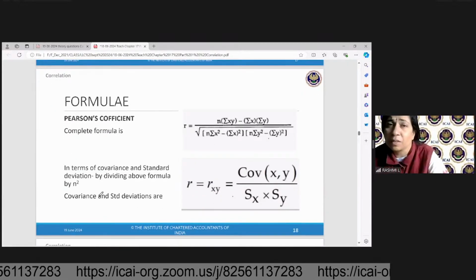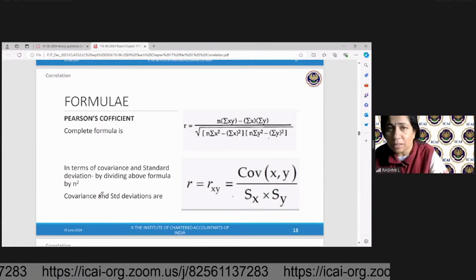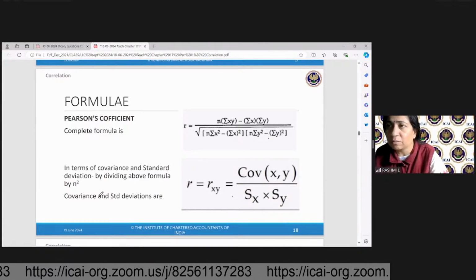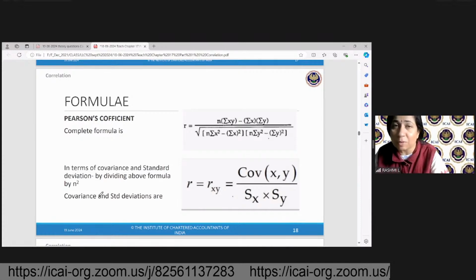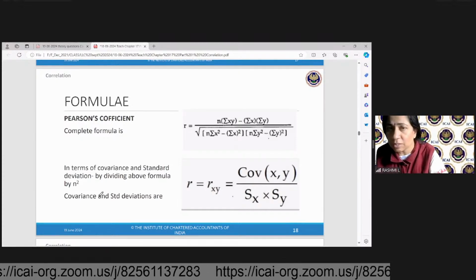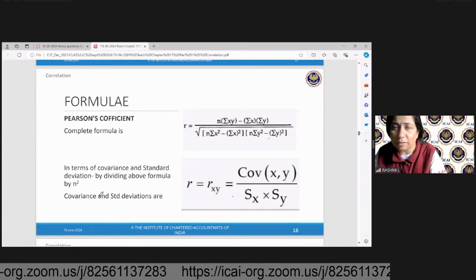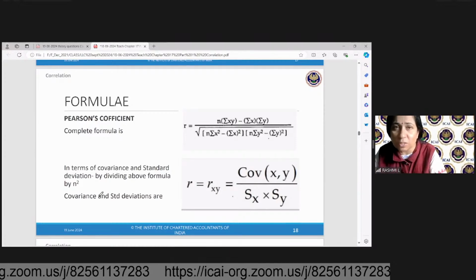Now see, there are many ways to do the sums. The whole explanation is already given in the book, but the sums that are going to come will be very crisp and precise. You will not be required to draw huge tables.